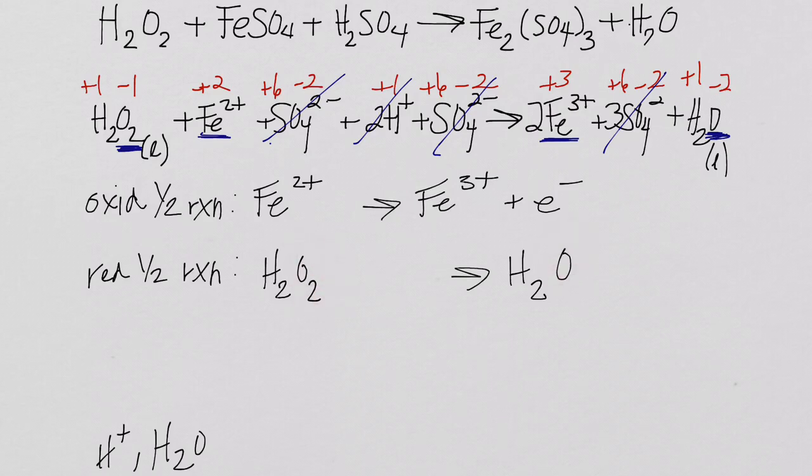So I can use my waters on this side to help me balance the oxygen. So now I've got 2 oxygens on this side and 2 oxygens here, but I've got 4 hydrogens now. So what I can do is add 2 more hydrogens on this side of the equation, and that will help me balance it out.